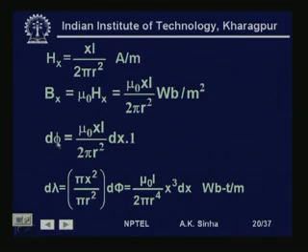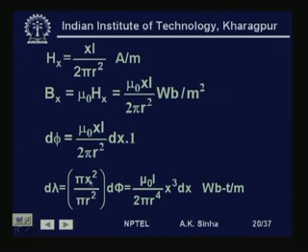Therefore, d phi is equal to mu 0 x into I by twice pi r square into dx into 1, which is the area. And this flux is linking how much current? This flux is linking only the current which is enclosed by it, and that current is equal to how much?